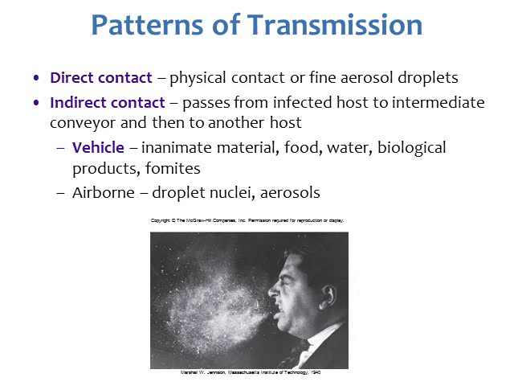Indirect contact is when it passes from an infected host to an intermediate object and then to another host. These are considered to be vehicles or inanimate objects, such as door handles or paper, pencils, pens, food, water, biological products. The fomites, those are inanimate objects. It can also be airborne, so if water droplets are coming through the air, they could get breathed into a host, and then you can end up with some type of infection.